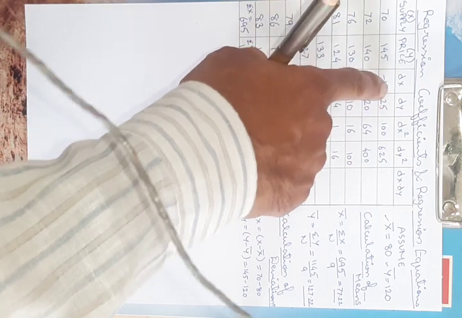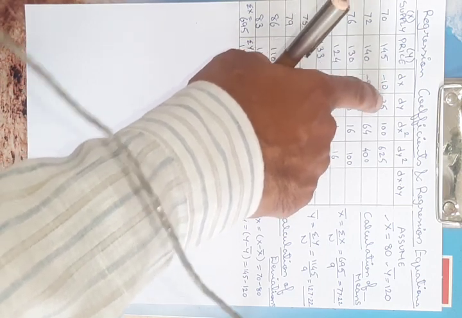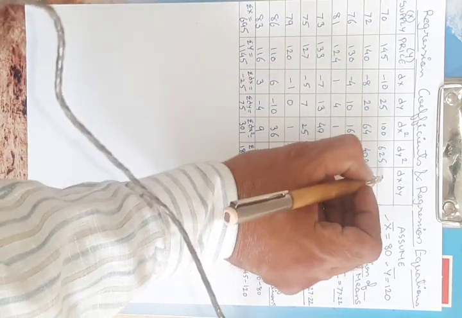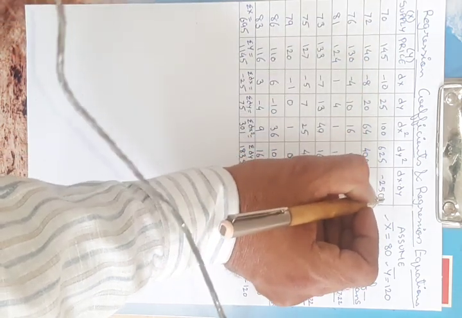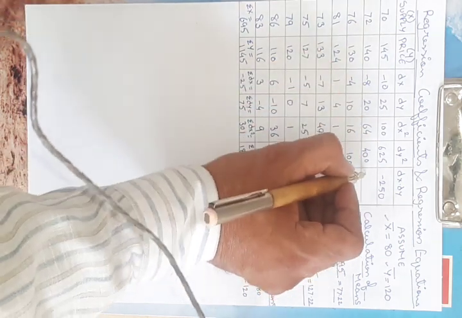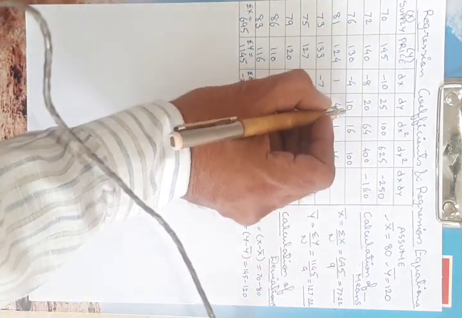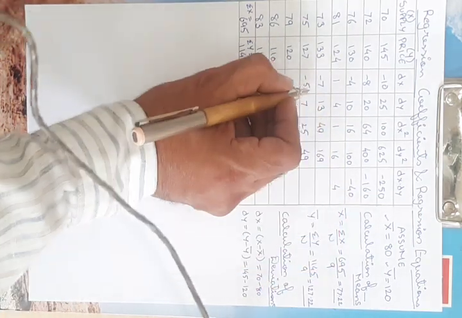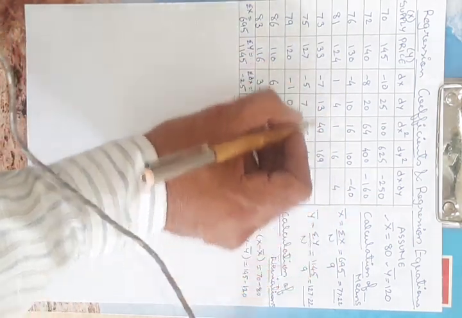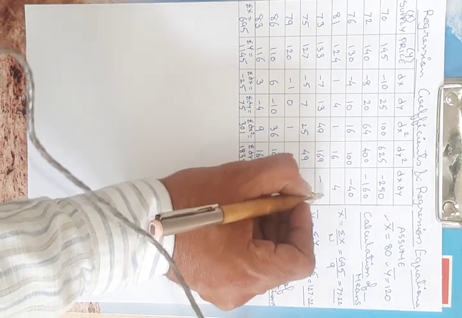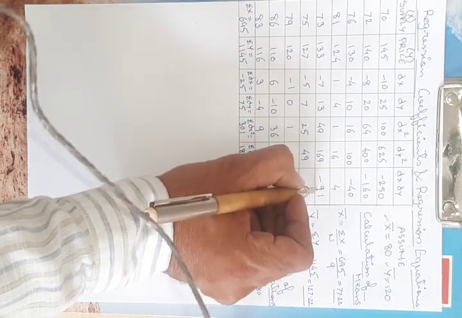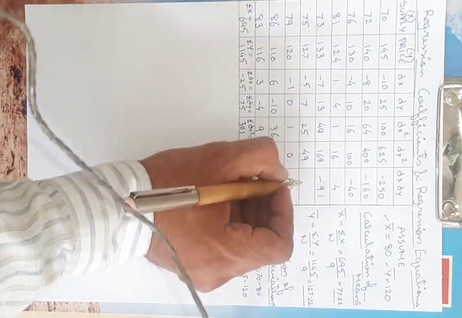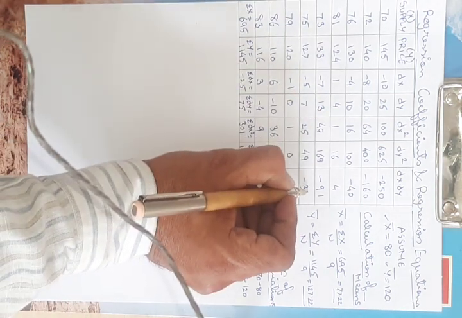Finally, friends, we need to calculate the value of dx into dy. That means multiplication of column number 3 and column number 4. That means minus 10 multiplied by 25, this comes out to be minus 250. Next, minus 8 into 2, that is minus 160. Next, 4 into 10, that is minus 40. Next, 4 into 1, that is 4. Next, minus 7 into 13, that is minus 91. 7 multiplied by 5, that is minus 35.